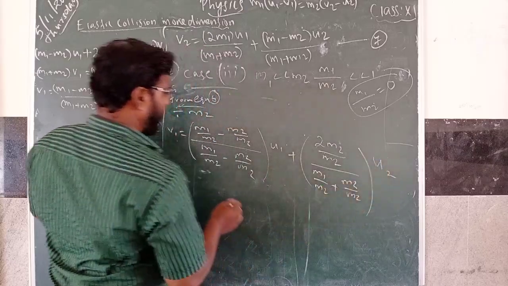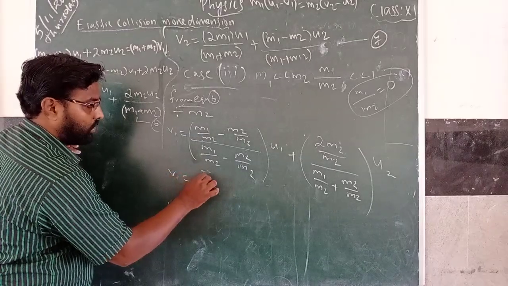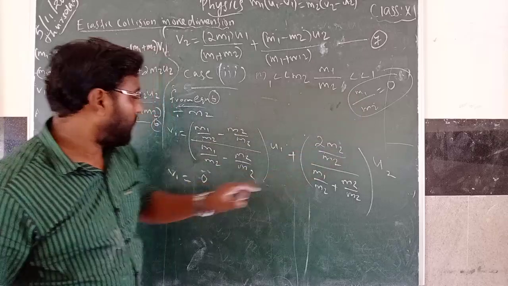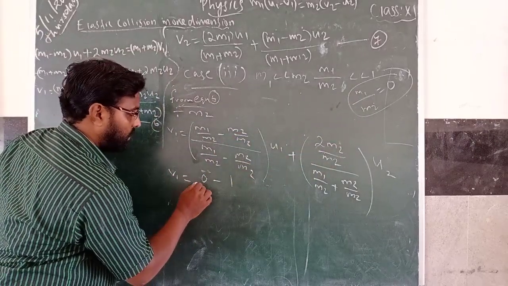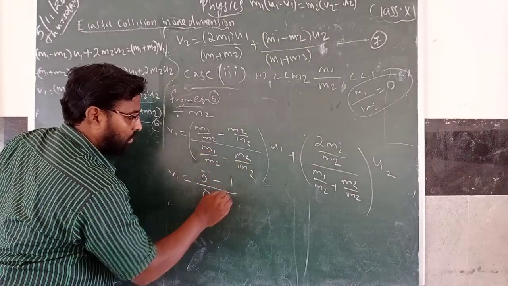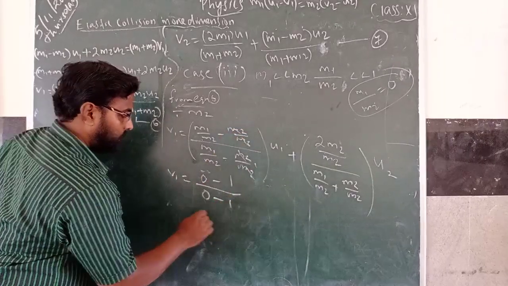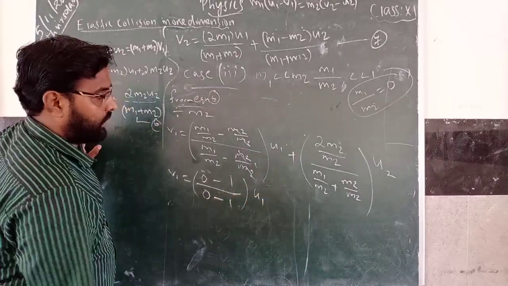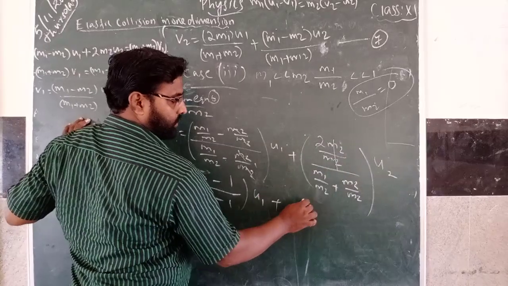U2. Okay. Now this M1 by M2 is 0. So V1 is equal to, M1 by M2 means what? 0. So 0 minus 1 divided by, this is what? 0 plus M2 by M2, 1. So into U1 here plus 2 into U2.